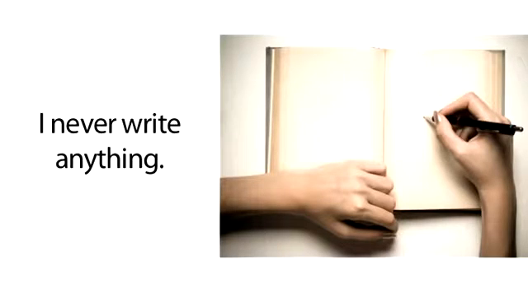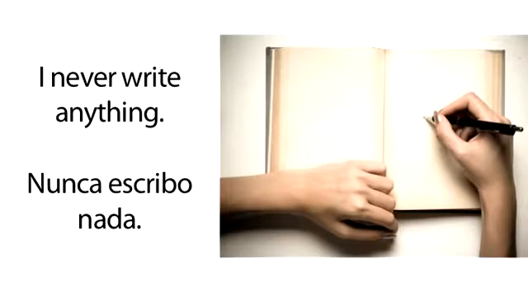I never write anything instead of I never write nothing. But in Spanish, once a sentence is negative, no other indefinite or affirmative word can be used. All indefinite ideas must be expressed using a negative word. So, I never write anything would be translated to Nunca escribo nada instead of Nunca escribo algo.